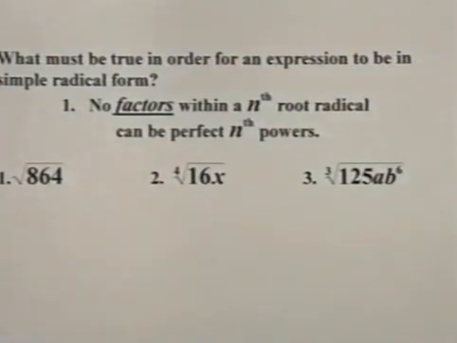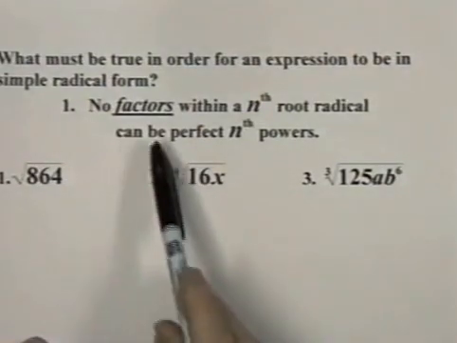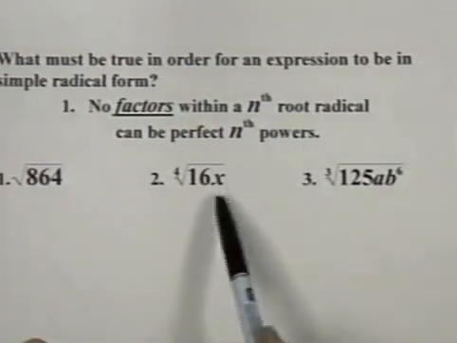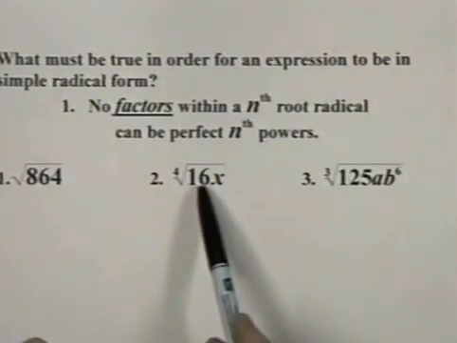Number 2 is a little more obvious, I think. There are 2 factors in that radicand. 16 is a factor and x is a factor. Remember, factor means multiplier. I'm talking about the multipliers of the radicand. This radicand has 2 multipliers. And the first multiplier, the factor, is a perfect nth power. N here is 4. This is a perfect 4th power.